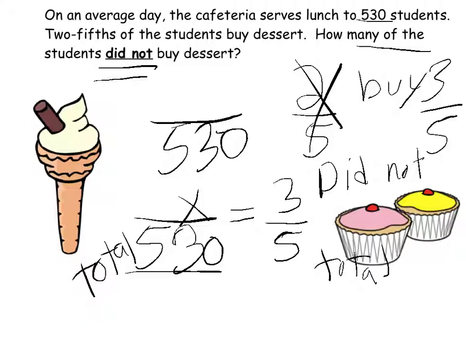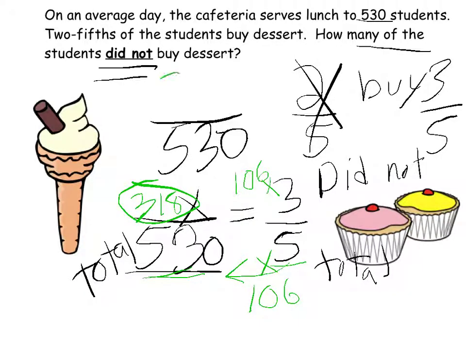What I'm going to do is look at the bottom numbers because they both have values there. I'm going to say, what do I multiply 5 by to get 530? I would multiply by 106. If I multiply it by 106, I get 530. So now I'm going to multiply the top by 106. So 3 times 106 is 318.